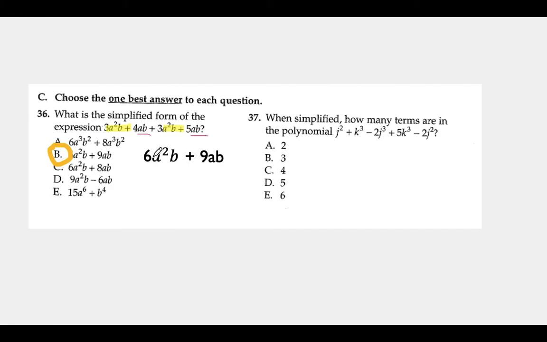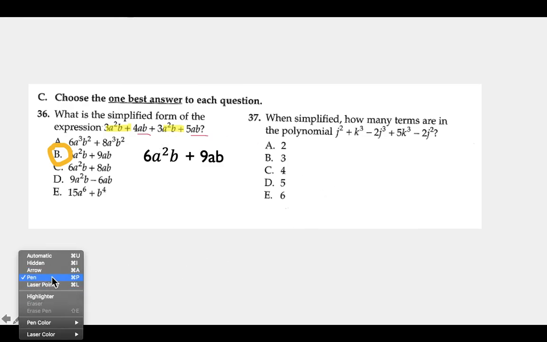Okay, 37, when simplified, how many terms are in the polynomial? So you have j squared plus k cubed minus 2j cubed plus 5k cubed minus 2j squared, okay? I'm going to go to my laser.